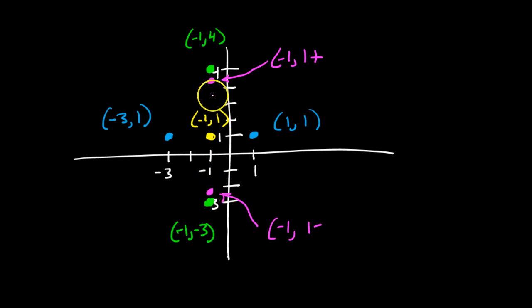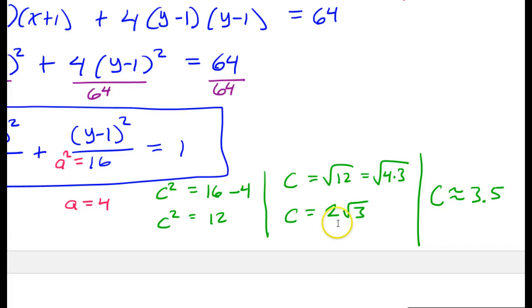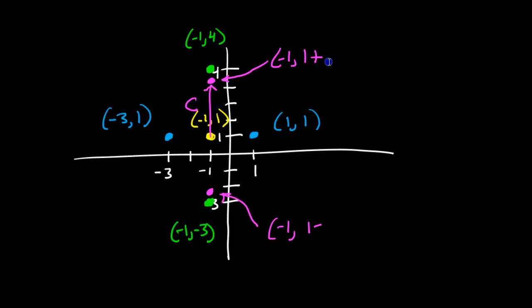And what we're adding and subtracting is the c value, because we know that the distance from the center to a focus is the c value. So I'm going up by c, so I'm going to add c. So in this case, c was 2 radical 3. So I'm going to add 2 radical 3. All right, that's the best we can do. Leave it as a sum. So the coordinates of this point are negative 1, comma 1 plus 2 radical 3.